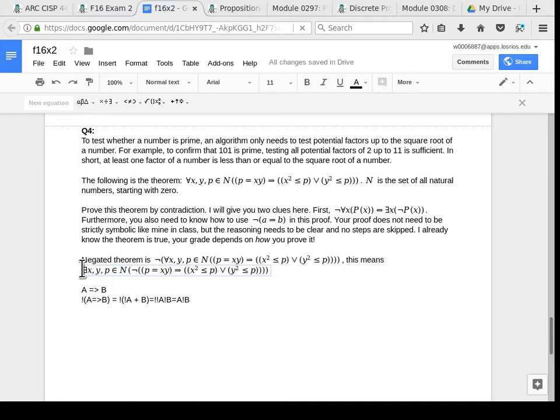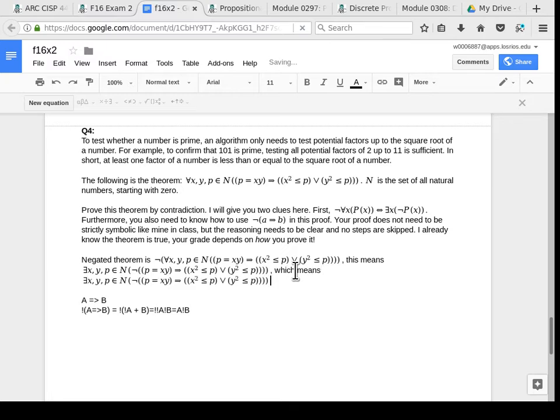Using this, we take this entire thing and paste it here. We say the negation of the implication, and we identify what is A and what is B. A is not negated after we negate the entire thing, so we just keep p equals xy just the way it is.